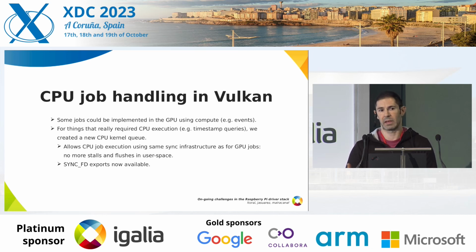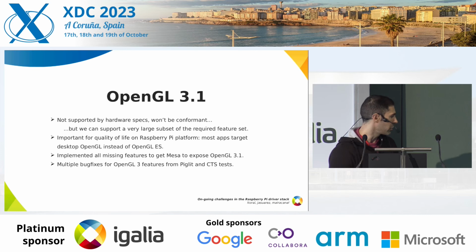It basically just executes tasks and jobs on the CPU, but does that from within the kernel, which means from the user space driver point of view, it is just another queue, and there's no difference. We can still use sync objects and coordinate all our work like we do for everything else. And this allows us to expose syncfd now. And now Juan is going to talk about OpenGL 3.1.